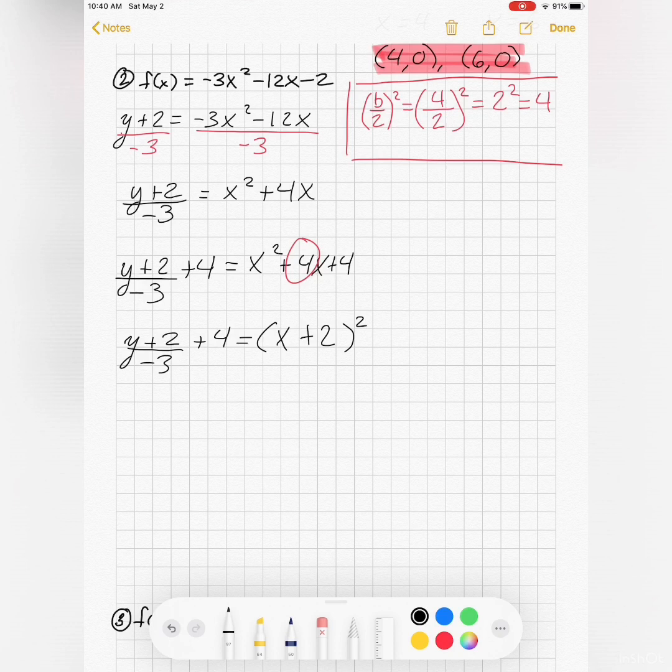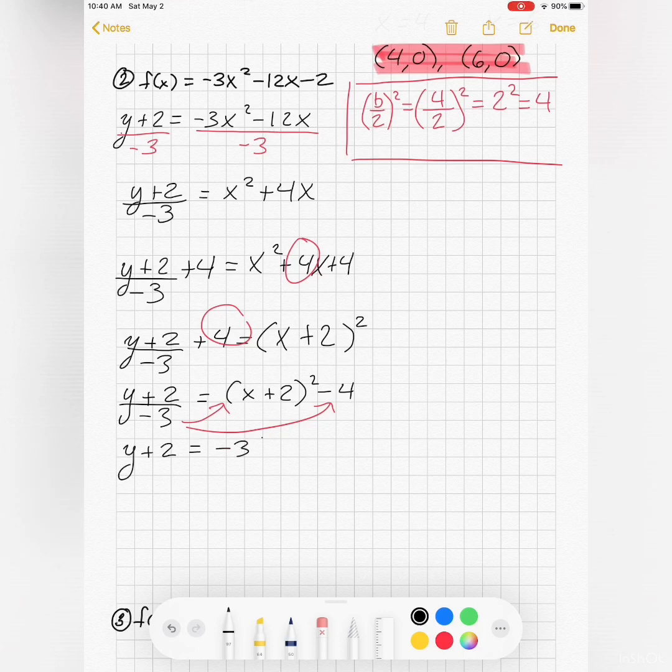So now I have my square, I just need to move everything back over. Let me start by subtracting this 4 then. Okay, then I'm going to multiply by negative 3. Make sure you multiply both terms.